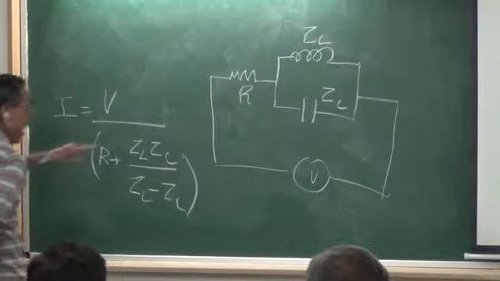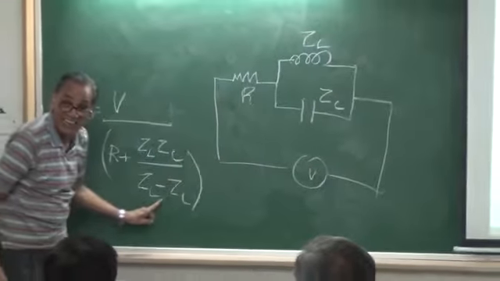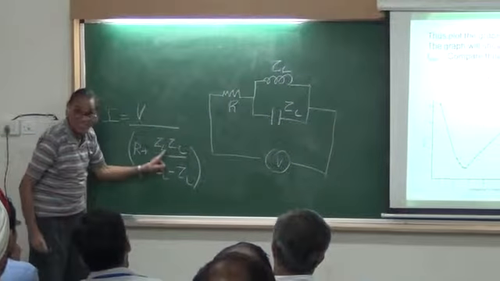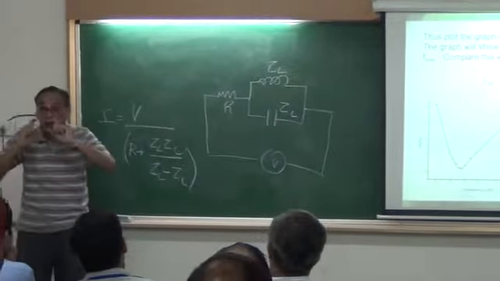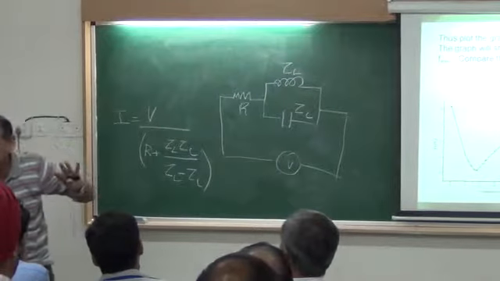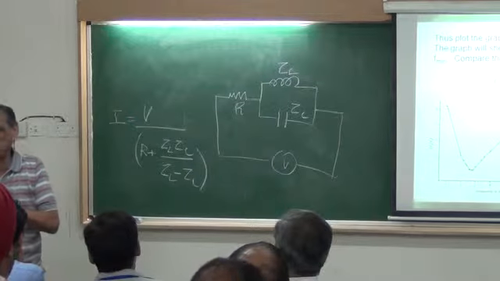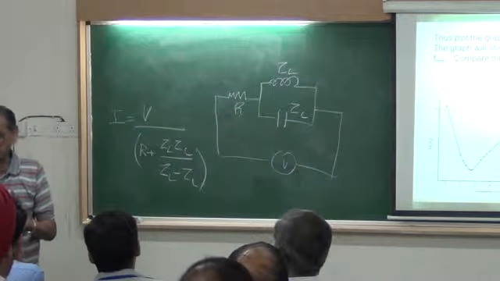Now at resonance ZL equals ZC. If the coil had no resistance, omega L will be equal to 1 by omega C at resonance.